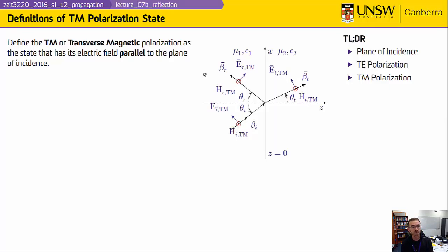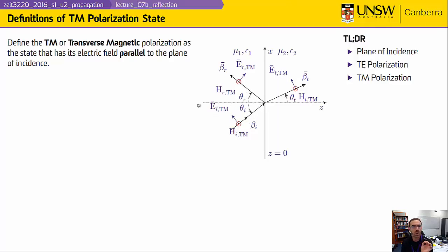And some of you may study optics. In optics, we refer to them as S and P. Those are shorthand for the German words for perpendicular and parallel. But the S state is the perpendicular polarization, the TE polarization, and the P state is the state that's parallel to the plane of incidence, as we're looking at now.